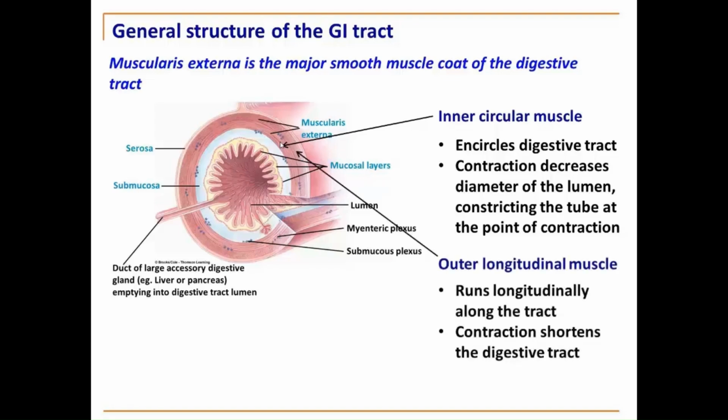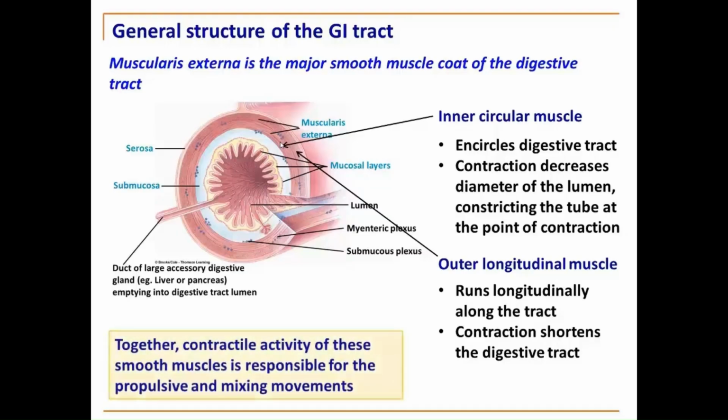Then you have the outer longitudinal muscle. This runs longitudinally all the way along the tract, and so when that contracts, it shortens the digestive tract. So in other words, the inner circular muscle constricts it, and the outer longitudinal muscle shortens the digestive tract.